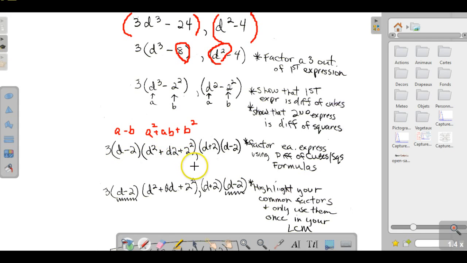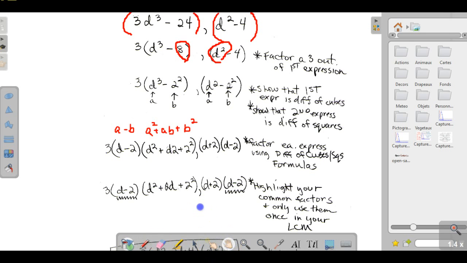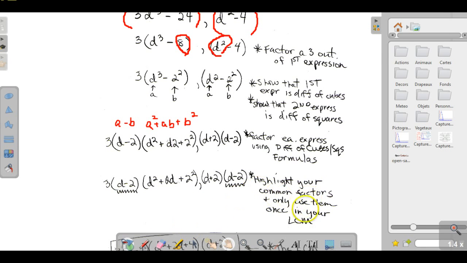And let's go ahead and highlight your common factors and only use them once when we write down our LCM. So our common factors you can see are d minus 2, d minus 2 over here.